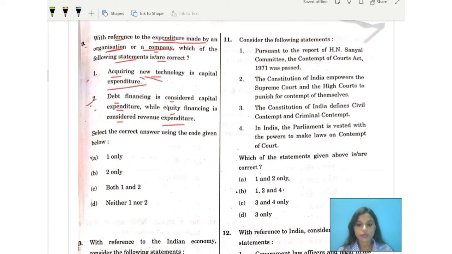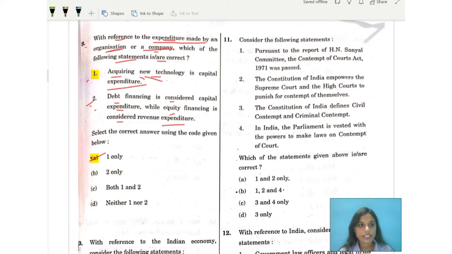What about number 2? Number 2 is incorrect. It is because debt financing and equity financing are considered under capital expenditure. So therefore, this statement 2 is false. So we are going with one only. That is, your correct answer would be number A. That is, number 1 is correct.